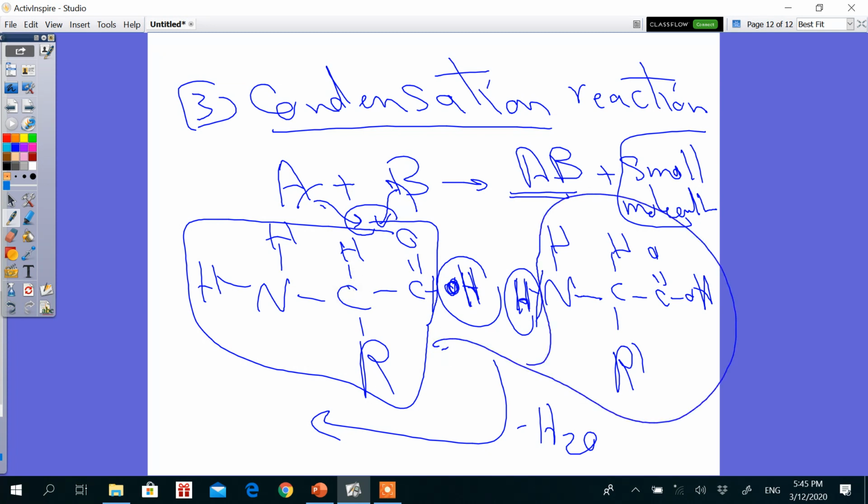You will get them beside each other in one molecule, and you will get your water molecule out. It is called a peptide. You have NH2 and you have NHC, and you will have H here and R, C double bond O, and you will have C double bond O.